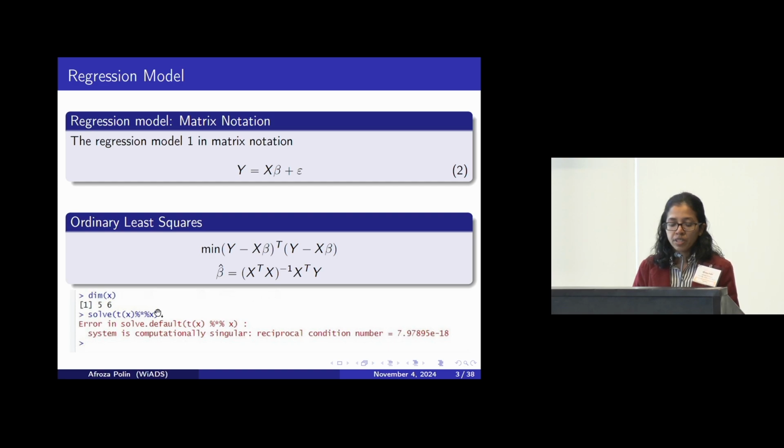Now, say I created data that has a sample size of 5 and 6 predictor variables, so my n is smaller than p. To calculate this, x is a matrix, so I need the transpose of x times x.